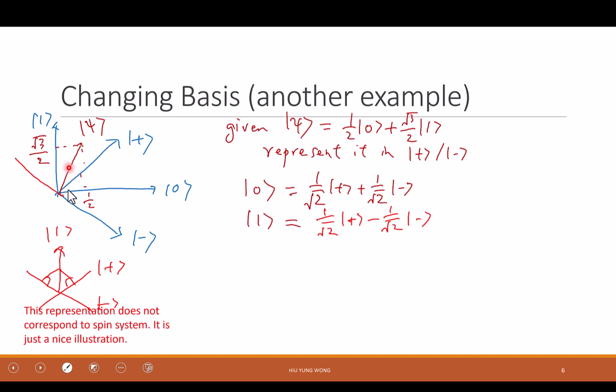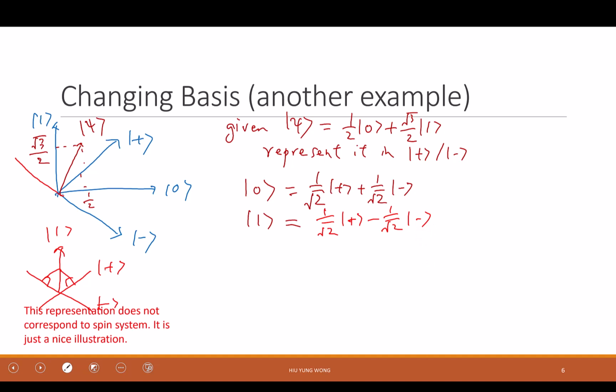Maybe not very clear, right? Because this is the 1, right? This is 45 degree, right? You project to here, but this is negative of the negative, right? So that is minus 1 over square root 2 minus.